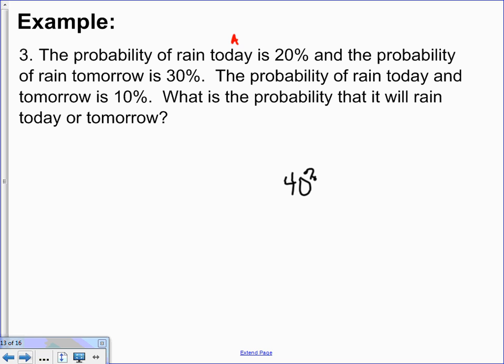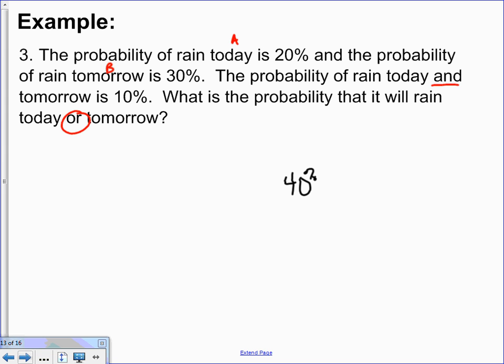Someone call A today. And the probability of rain tomorrow is 30%. Someone call that B. And it says the probability of rain today and tomorrow is 10%. What's the probability that it will rain today or tomorrow?